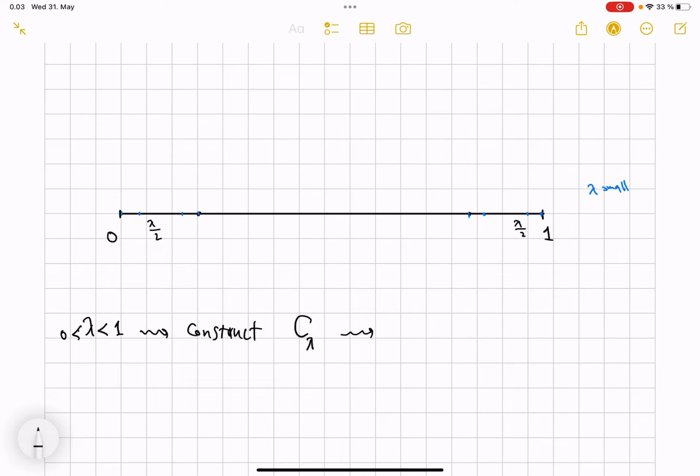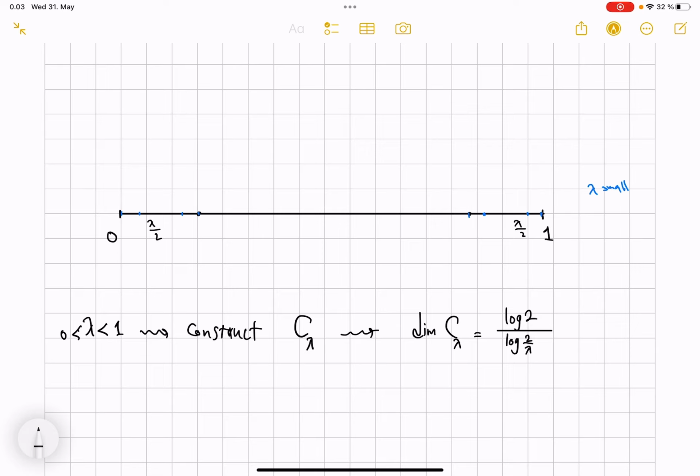You must know, if you're following this channel, by self-similarity of this construction and some of the nicest techniques we had when covering geometry of sets, that the Hausdorff dimension of this C lambda is log 2 over log of 2 over lambda, which corresponds to 2 pieces remaining every time.